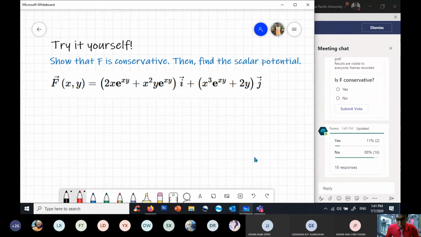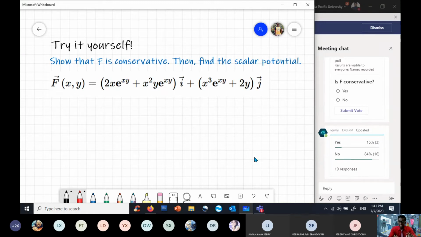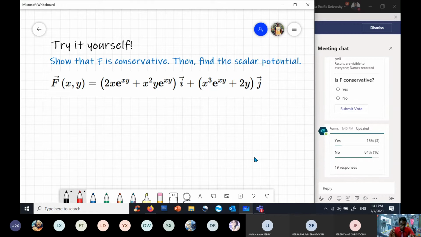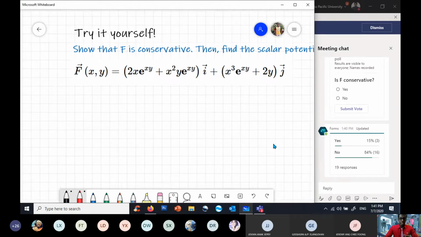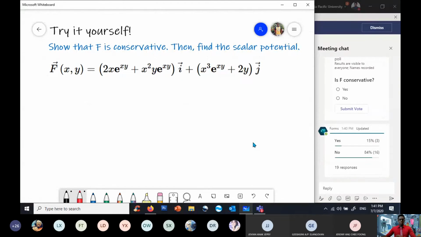The 16 of you must have been confused: how on earth did the 2 feel that it is conservative? And the 2 of you would have been confused how 16 of them are saying it is not conservative. So while you are filling up the poll according to what you get for the moment, let me just try to work it out here.